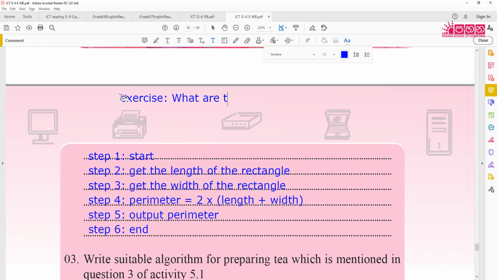What are the steps for finding an area of a circle? Yes.